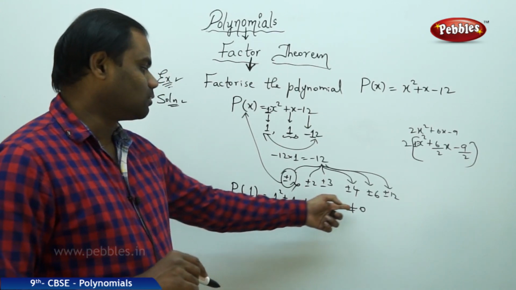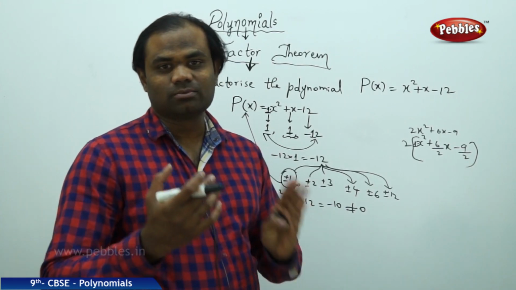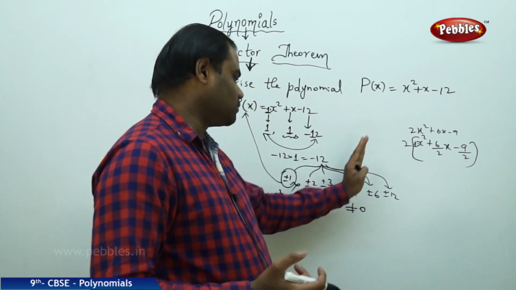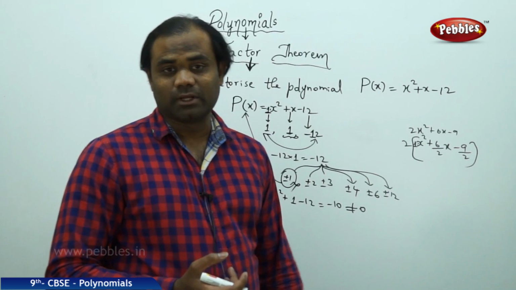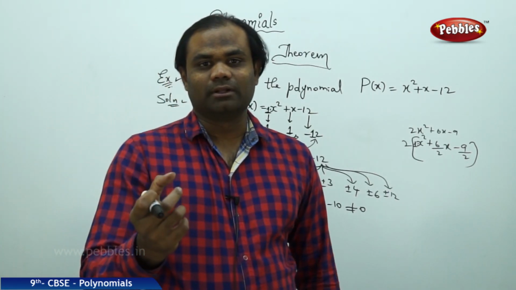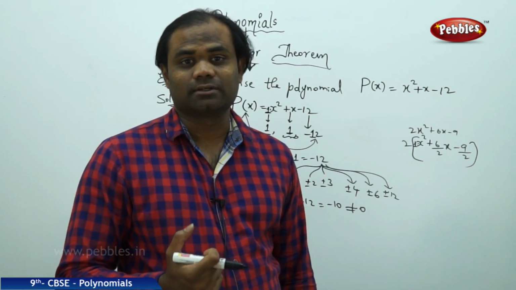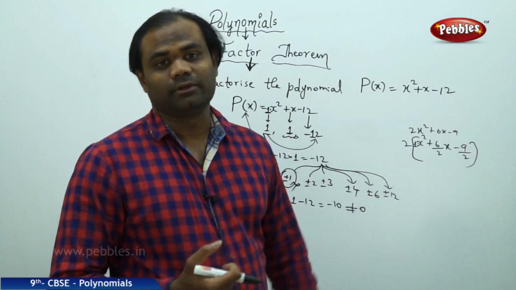Even minus 1 also doesn't. So we randomly try with 1, minus 1, 2, minus 2, 3, minus 3, 4, minus 4, 6, minus 6, and 12, minus 12. And then whichever is the 0 of the polynomial, that value is picked, and that helps us in factorizing through the factor theorem.